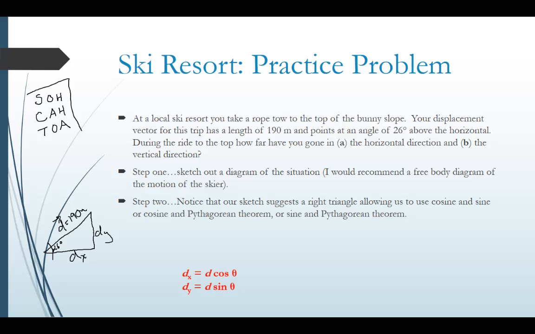This is going to be a good friend to you when we start doing component vectors, so I highly encourage that you know how to use it. This one doesn't require kinematics, but this is how you break it into parts, so that you can separate out a vertical component and a horizontal component. And then we can solve.